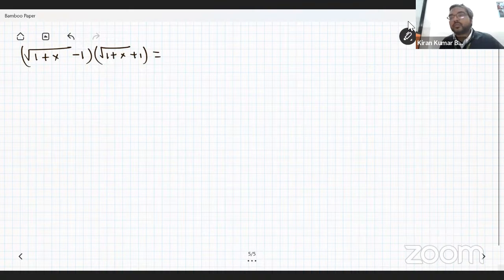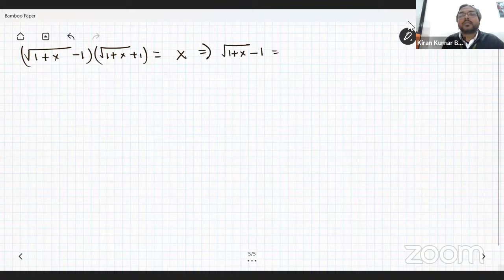Again, a square minus b square is x. So this implies √(1+x) − 1 is x by 1 plus √(1+x) plus 1. Sorry, this will be minus 1.